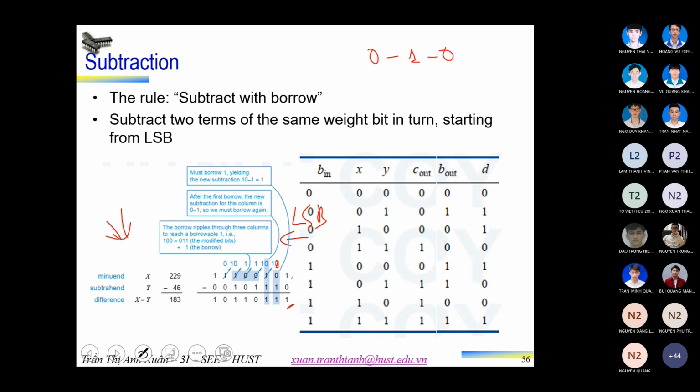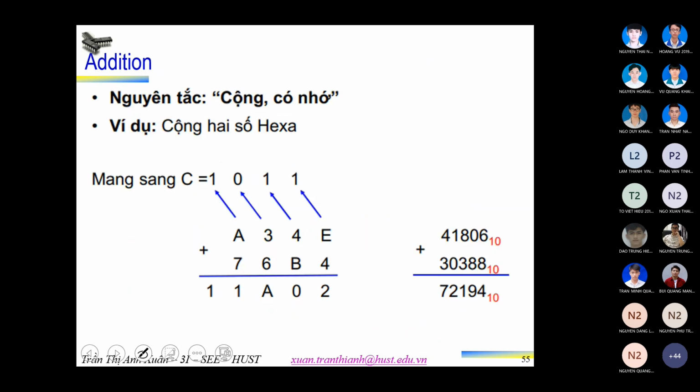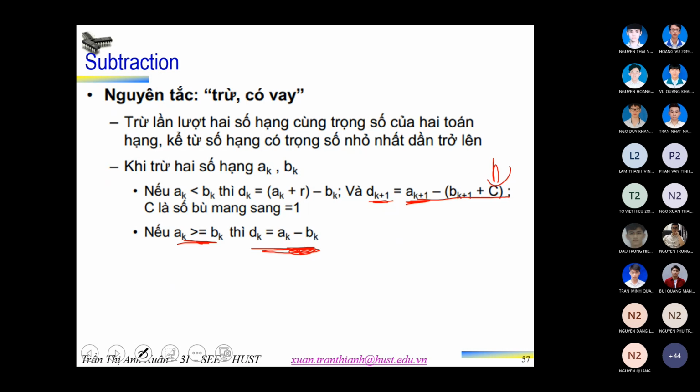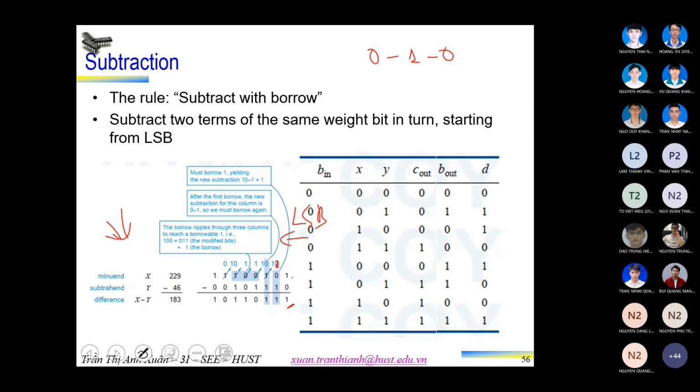For this subtraction we need the borrow. So here you need a borrow. And then the result here is 1 and the borrow here is 1.